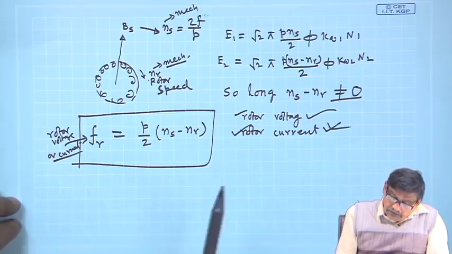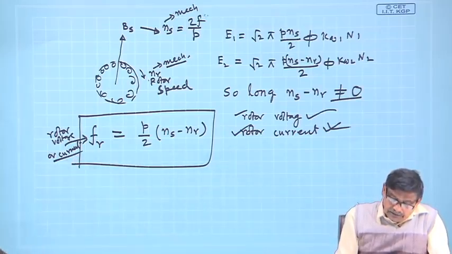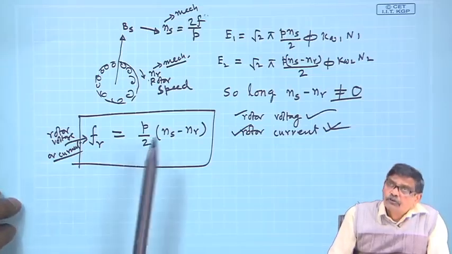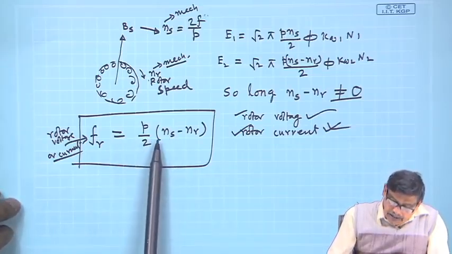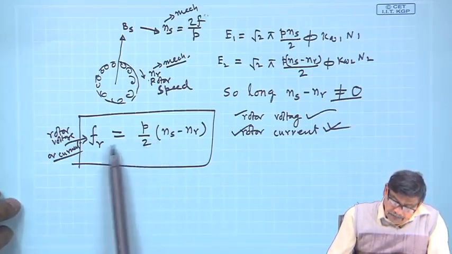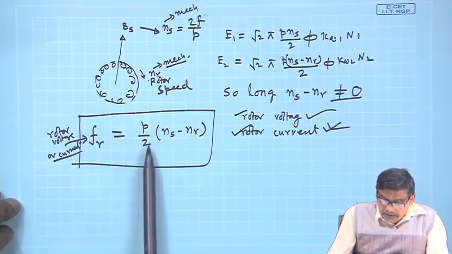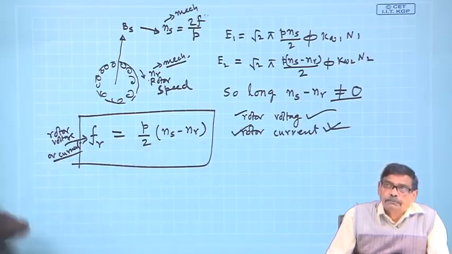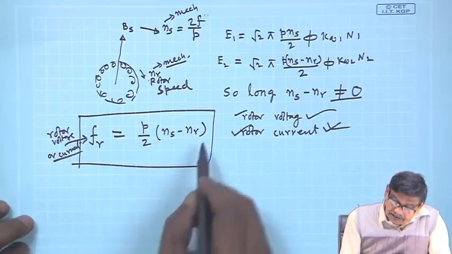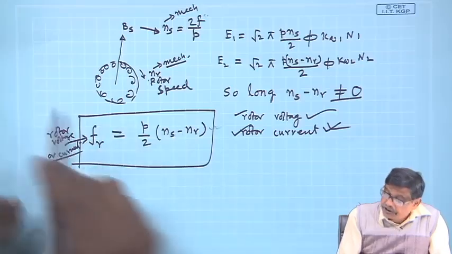Now, the question is, what is the frequency of the rotor current? The rotor is wound for the same number of poles, and frequency of the rotor current will therefore be p by 2 into the relative speed between these two. So, this will be the rotor frequency.